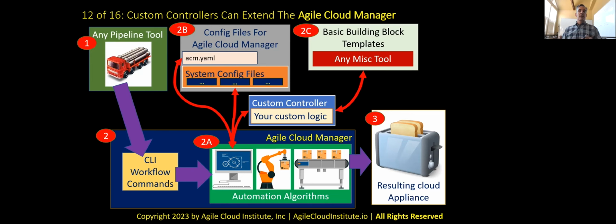The custom controller has a standardized application programming interface, API, and inside that API is a place where you can put your logic, and you can download and use the working demo of a custom controller that ships with the Agile Cloud Manager at agilecloudinstitute.io. And you can plug your own custom logic in just to jumpstart your development process.